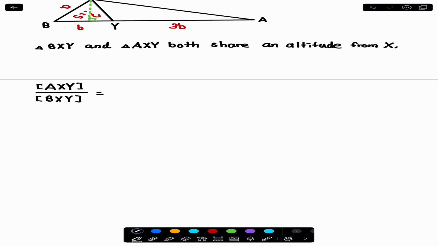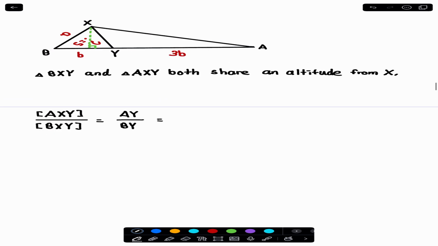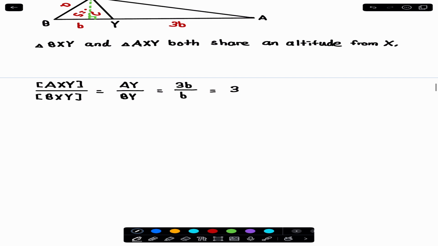This ends up being, if we pretend the X isn't even there, AY over BY. AY ends up being 3B, that's what we called it. BY is B. B's cancel, leaves us with 3. So now we've actually found a relationship between the area of triangle AXY and BXY.